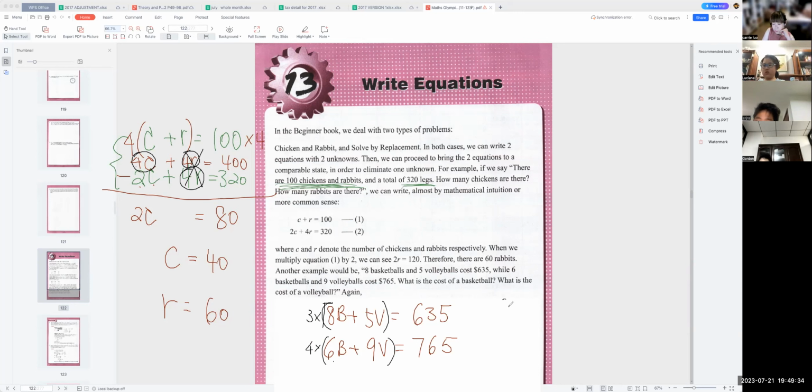So it's 24B plus 15V equals 635 times 3. And 24B plus 36V equals 765 times 4. Correct?